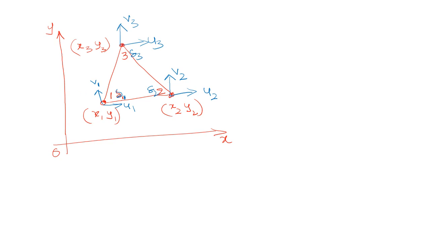Once we know these notations, we need to write the polynomial equations. In the polynomial equations, we can write u as a function of x and y: u equals a1 plus a2x plus a3y.